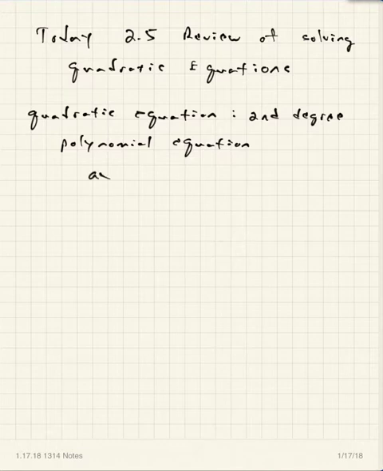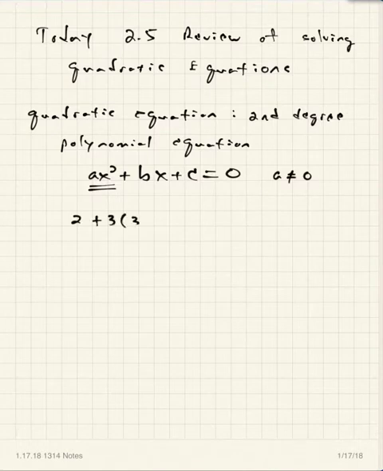So the general form for a quadratic equation looks like this: ax squared plus bx plus c equals 0, where a is not equal to 0. That a not equal to 0 simply means that the ax squared term must be in the equation in order for it to be quadratic. There's got to be a squared term in there, and no term of degree higher than 2. So make sure that you can pick out a quadratic equation when you see one.